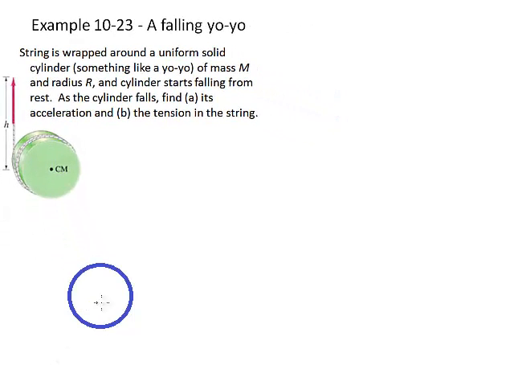As always, we're going to start solving this problem with a free body diagram. Of course, there is the force of gravity coming from the center of mass of the cylinder, and the only other thing touching this cylinder is the force of tension. So we can write a sigma F statement.